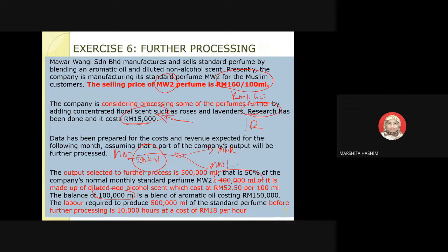Remember, so when you produce this product, you incurred all these costs. Okay, all these costs is actually for MW2, which include your dilute non-alcoholic scents, blend aromatic oil, and also labor costs. Okay, so from that information, from that paragraph, you can calculate total cost for MW2. Okay, total cost for MW2. That means your joint costs.